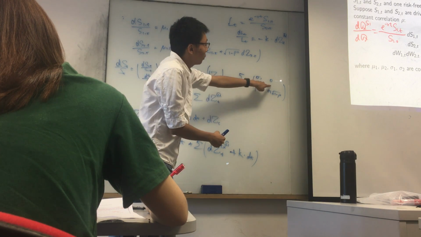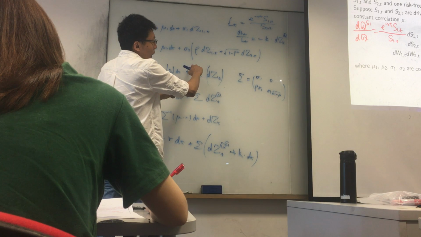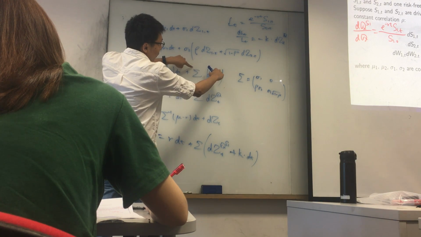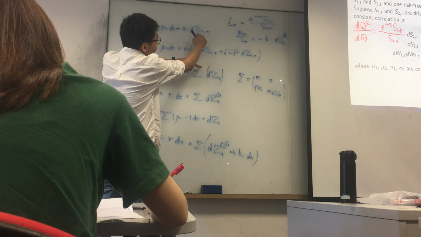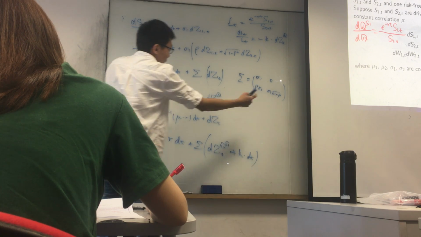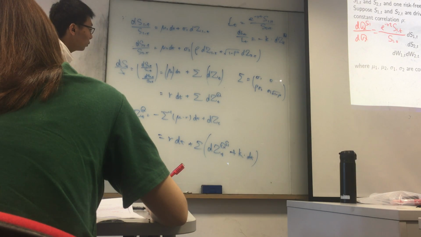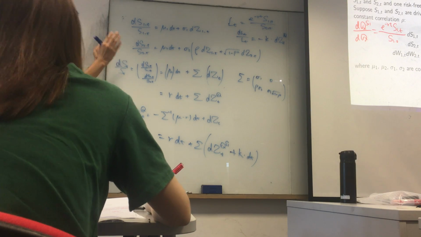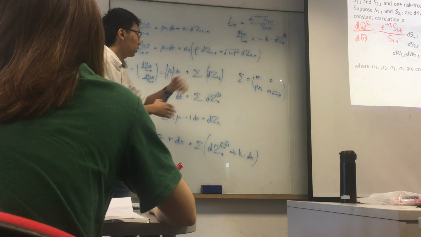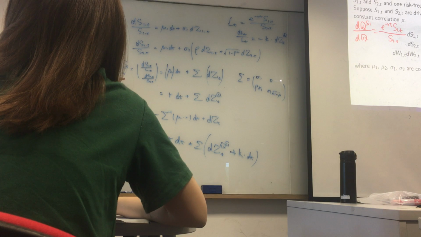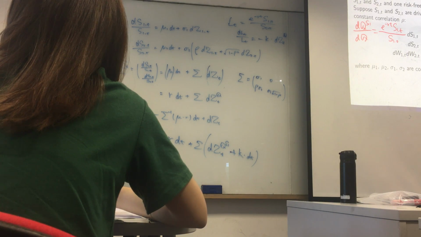It's sigma 1, 0, because the first row becomes sigma 1 times dZ1, 0, so this is sigma 1 dZ1. The second row is similar. So if you forget about the vector and matrix and look at this equation formally, it is indeed the same as the univariate case.